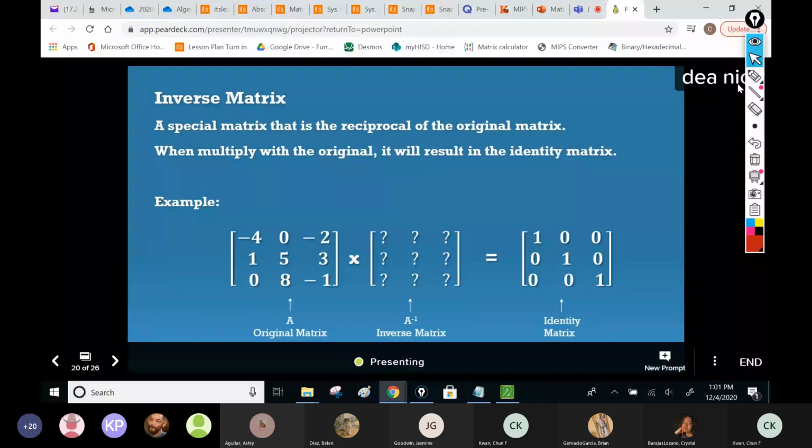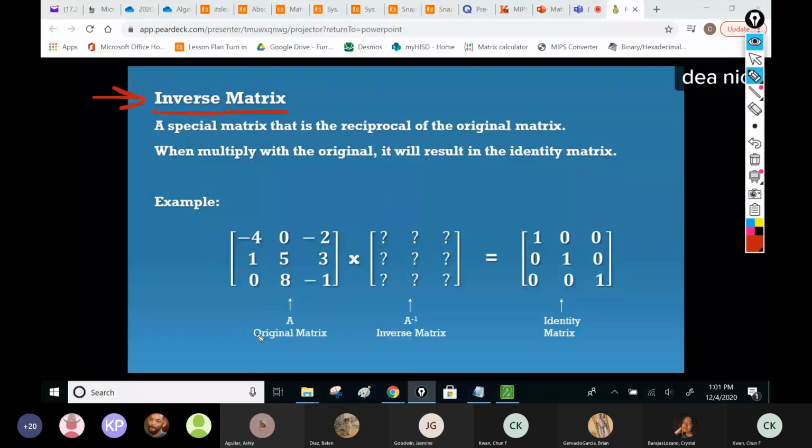All right, so now let's talk about the inverse. Inverse matrix, like I said before: if you have an original matrix times the inverse of the original, you will get the identity matrix. Just like before, when I was talking about a number times its inverse, it comes to 1.